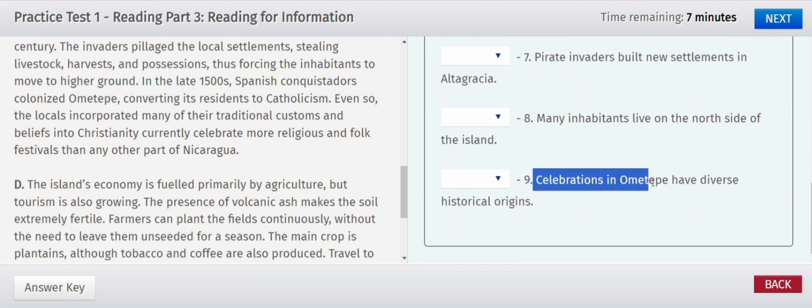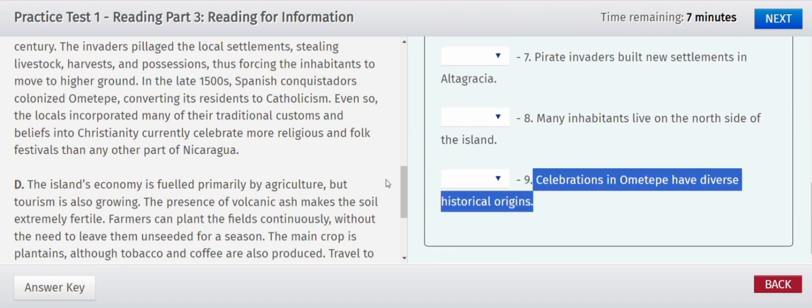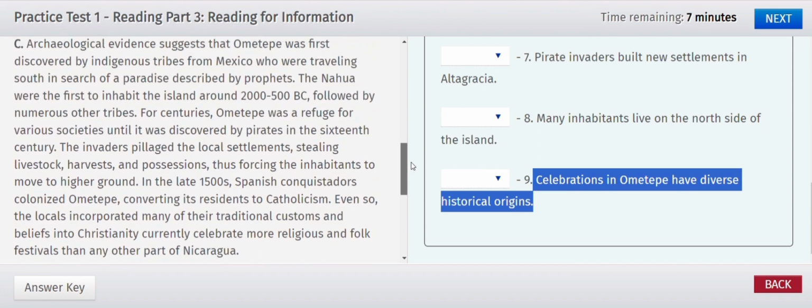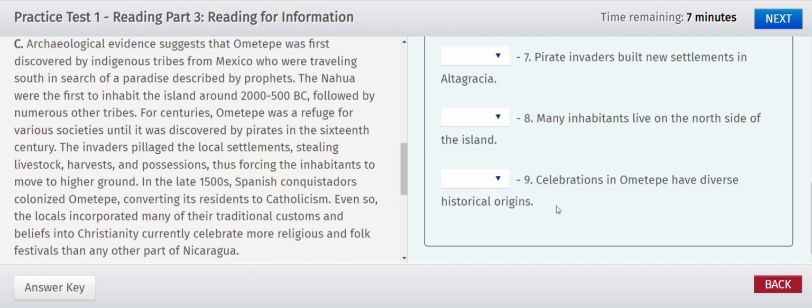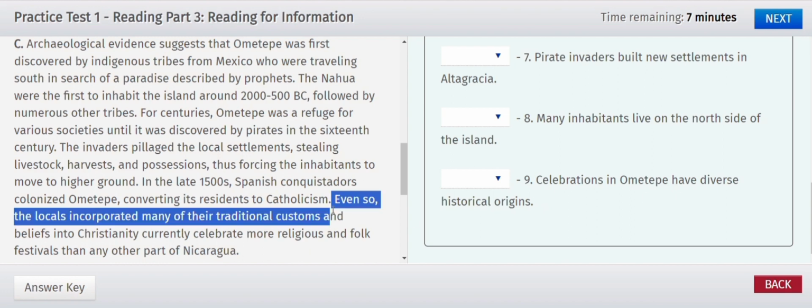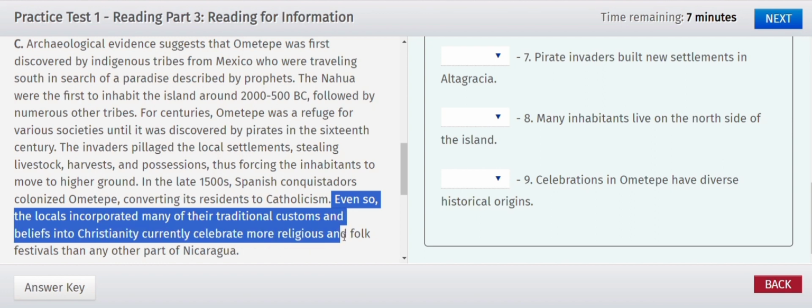Celebrations in Amitabh have diverse historical origins. So if you search for a keyword here, you will not be able to find it. But at the end of the paragraph, you can see a similar idea being conveyed. Even so, the locals incorporated many of their traditional customs and beliefs into Christianity, and currently celebrate more religious folk festivals than any other. So this is the way it is being rephrased.